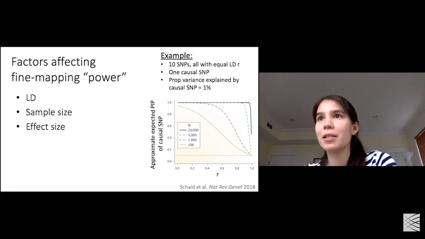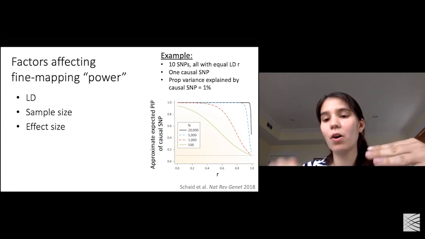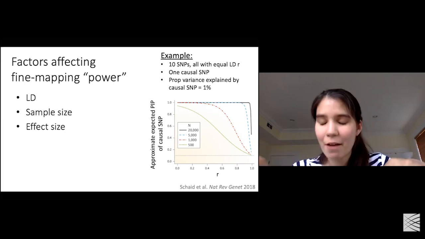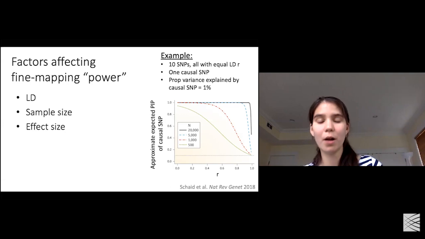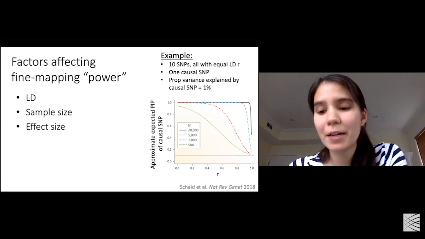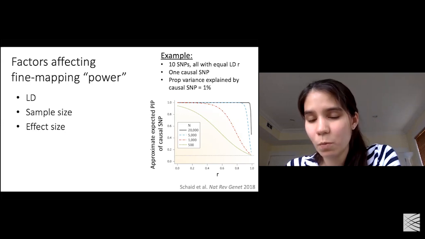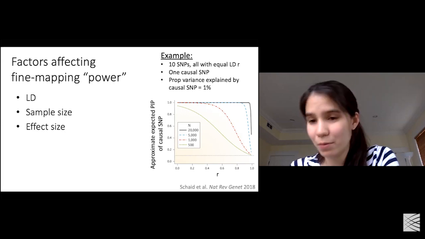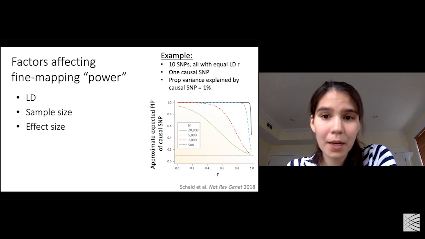So if you compare, let's say, the same sample size, but you can choose to have it either all in one population or all in another population, or half and half in two populations, then because there are differences in LD structure among the two populations, combining across populations can help you move to the left in this plot, which is, as you can see, a good way to also move up, which means you're more confident in the causal variant.